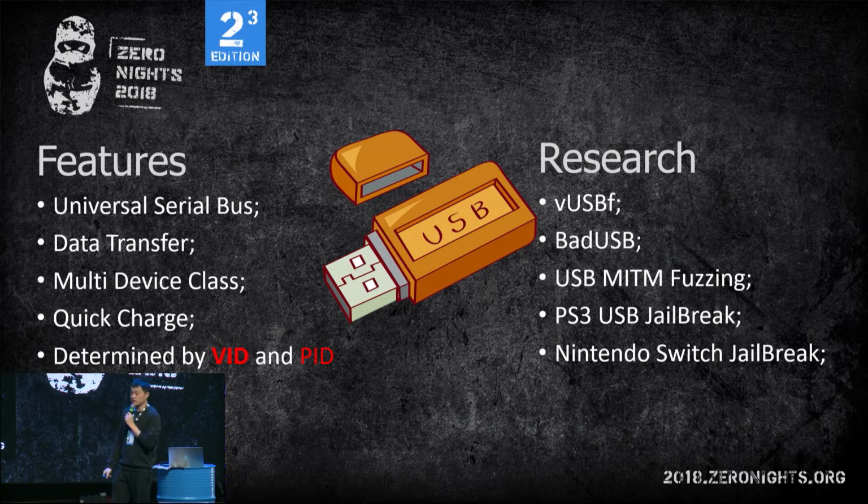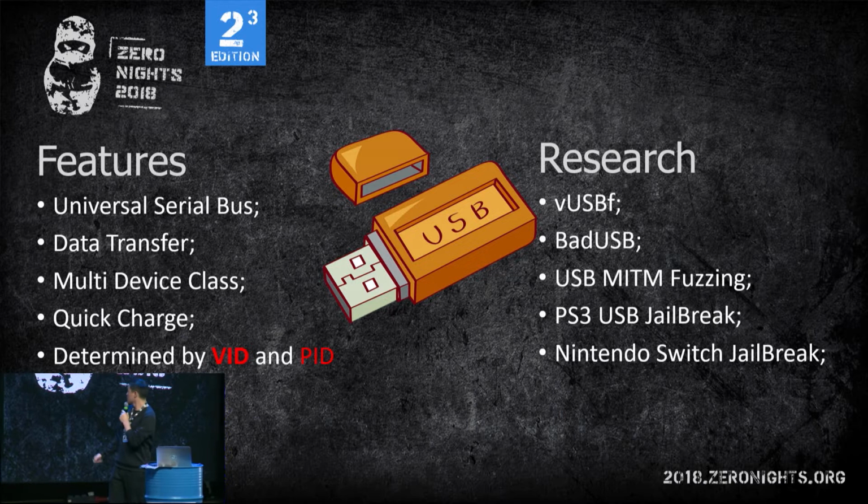One of the characteristics of USB I have to emphasize is that a device is determined by two IDs. One is the VID, which we call the vendor ID, and the other is the PID, the product ID. The VID is assigned by the USB forum, and the PID is assigned by each vendor.